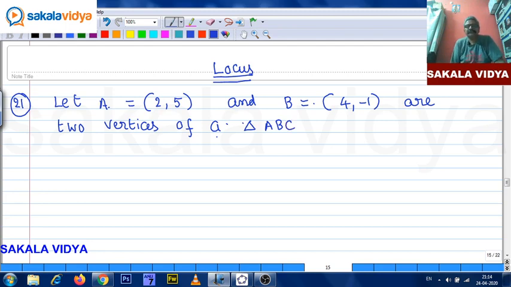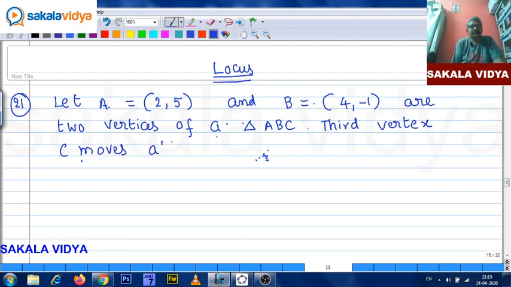The third vertex C moves along the line L equals 9x plus 7y plus 4 equals 0.